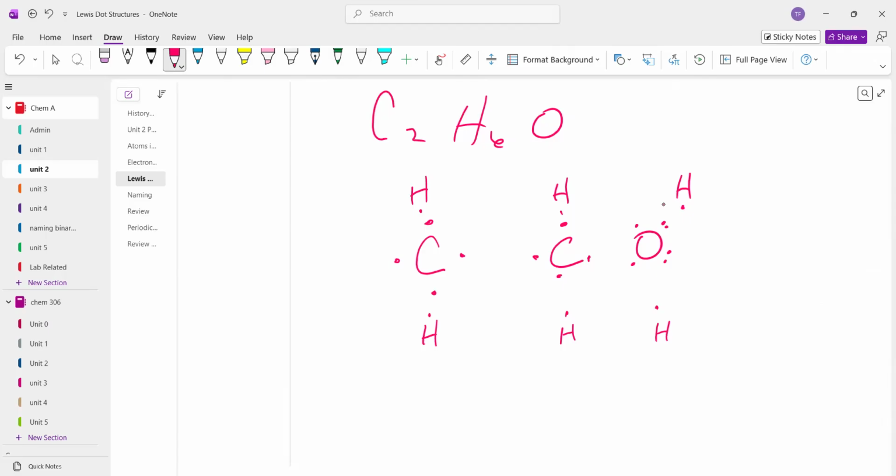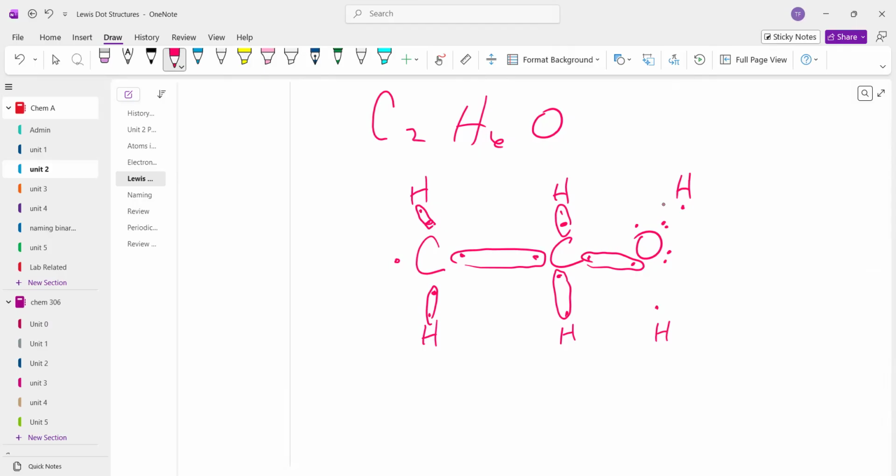So step 1 is connect everything up with at least one bond. So let's start with the carbons. And we have a hydrogen here. Now we're at a conundrum.